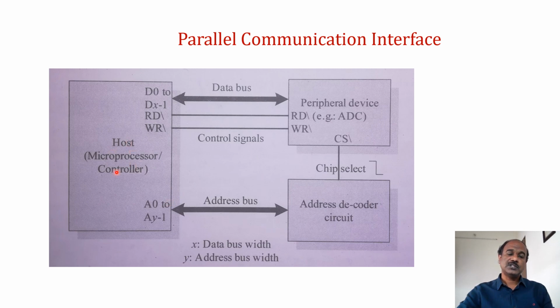Whenever the processor places that range of addresses on the address lines, the address will be sent to the address decoding circuit, and this decoding circuit is going to generate one chip select line. Now when this chip select bar is low, active low, whenever the particular address of this peripheral is placed by the processor, that address will appear here in the address decoder.